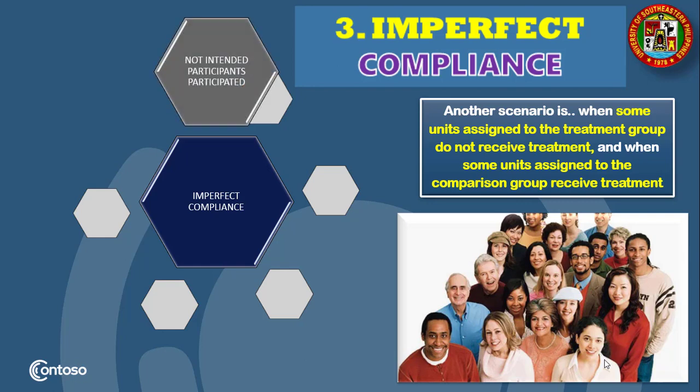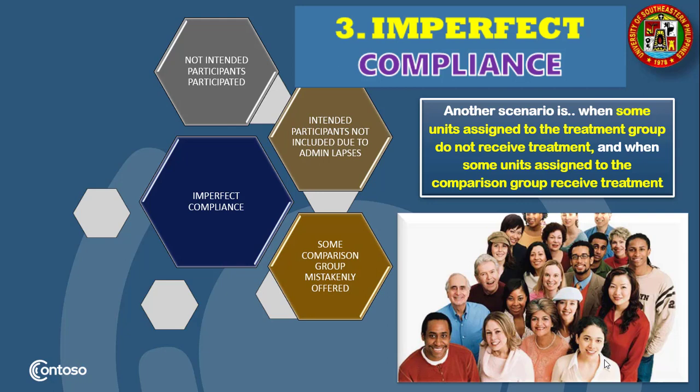The first, not intended participants participate. This actually happens when the units that are assigned to a program choose not to participate. The second, intended participants not included due to admin lapses. The third, some comparison group mistakenly offered.